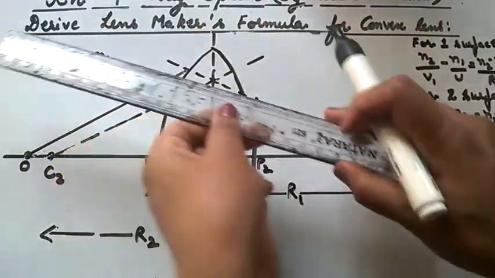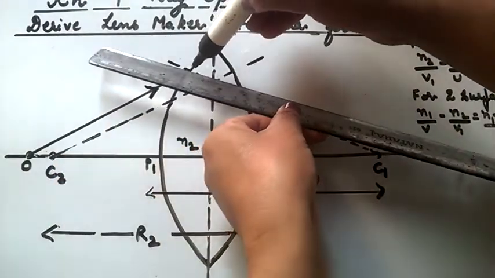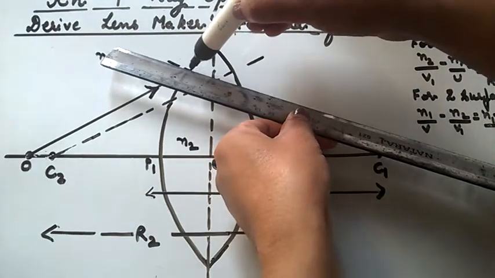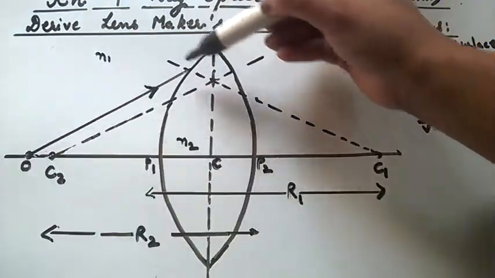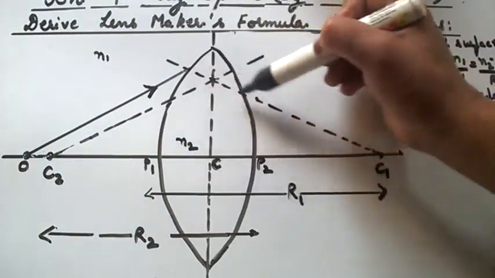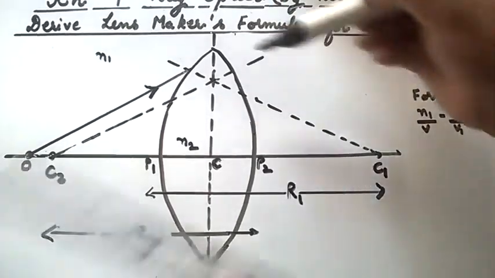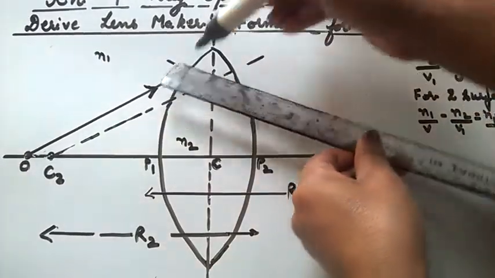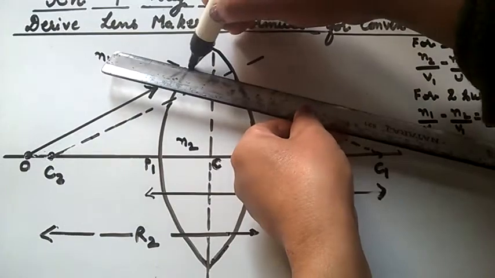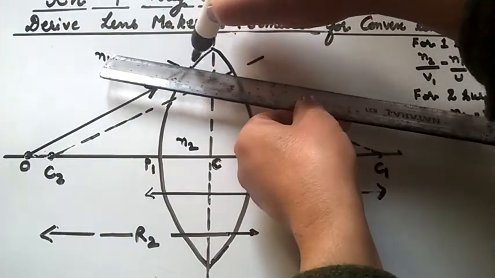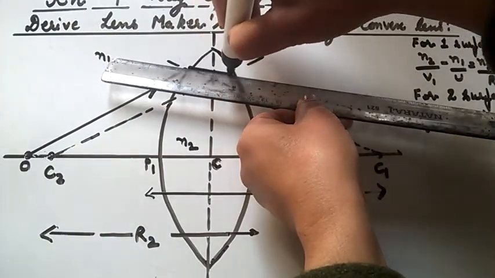Then after refraction, the ray will bend towards the normal. This is the normal for C1. So it bends towards the normal. It bends in this way.